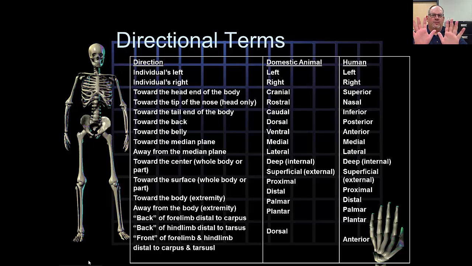We also use terms called palmar and plantar when we look at the limbs, and specifically at the area that would be the paws or the hands. So the area where you're going to have the fingers or the toes. Palmar is going to be the palm side. We call the top side of that dorsal.